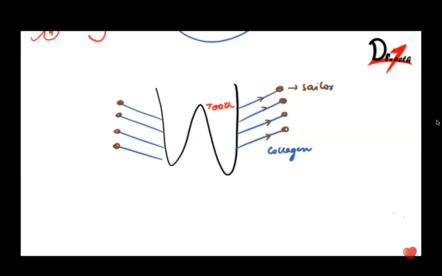Also notice that these fiber bundles must have the ability to align themselves in a proper way, because if there is interference in this ability to align, then the eruptive pathway is hampered. The opponents of this theory have questioned the existence of fibronexus.